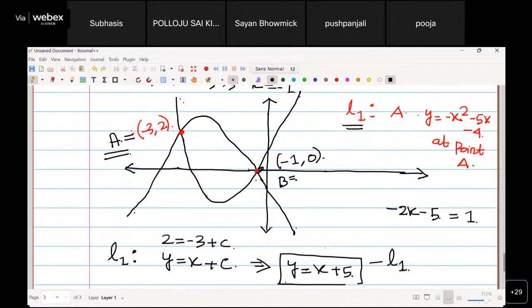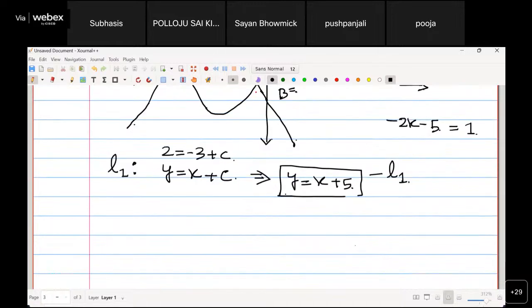Then next it says we have two straight lines L2 and L3.